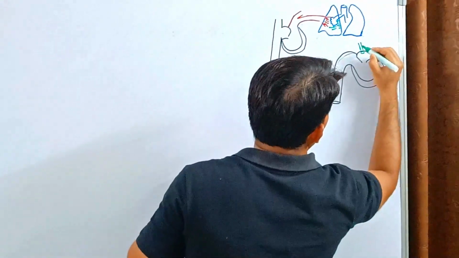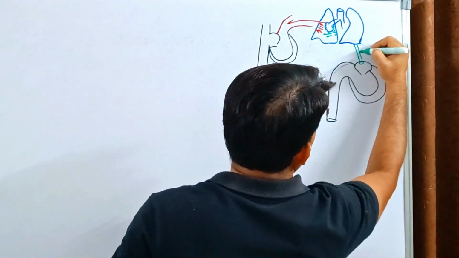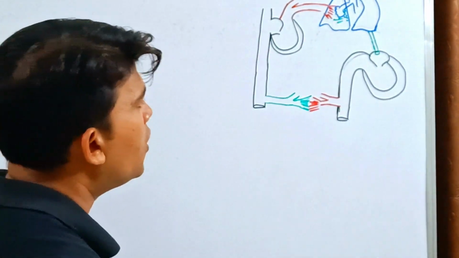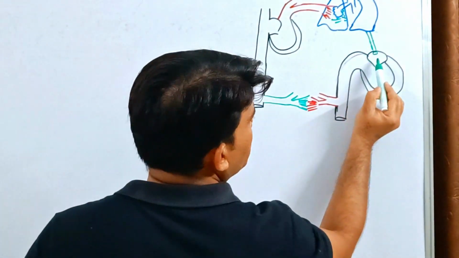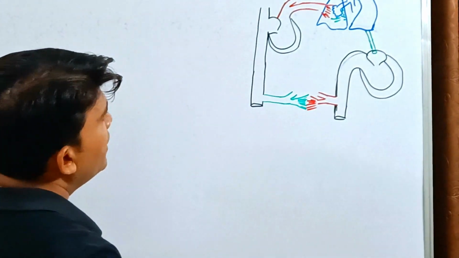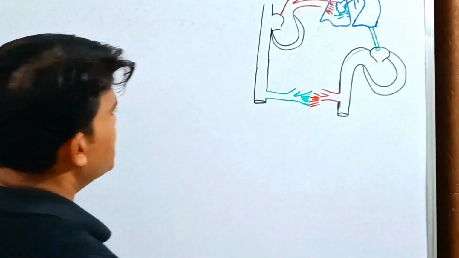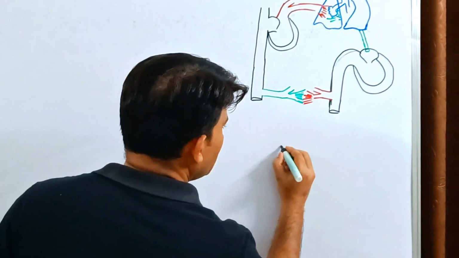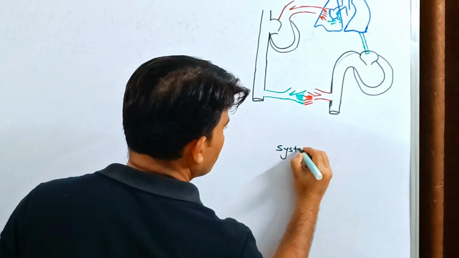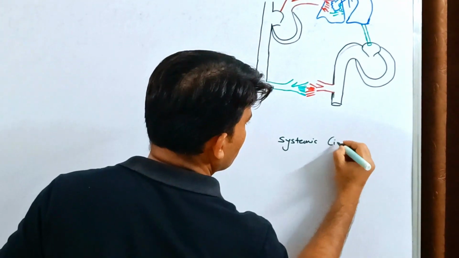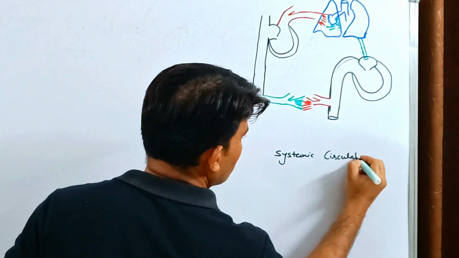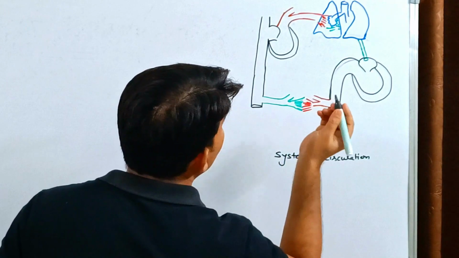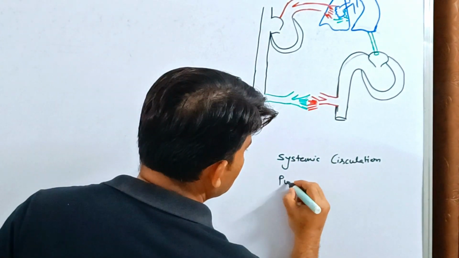Total 4 pulmonary veins, which drain oxygenated blood into the left atrium, right? So now let's clear the concept about systemic circulation and pulmonary microcirculation.